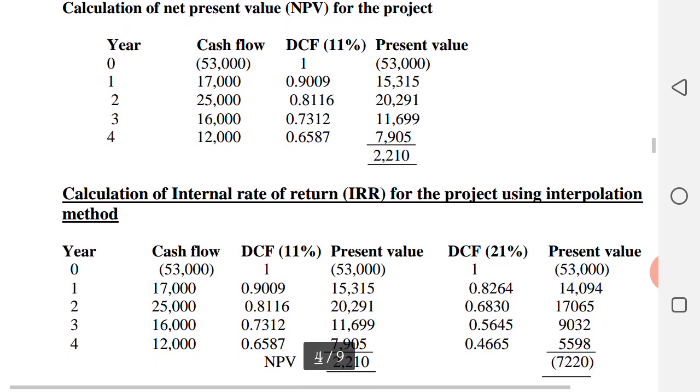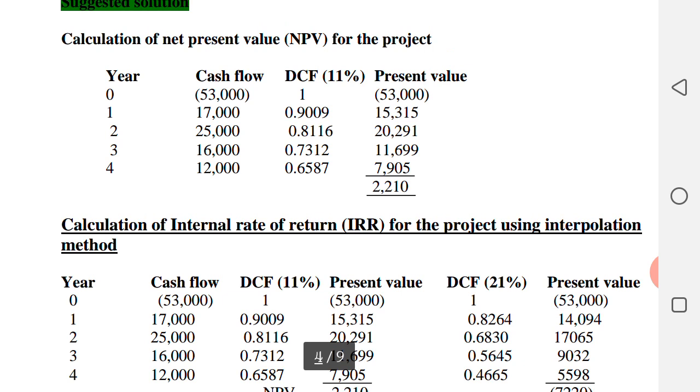In year 1, when you look at the 11%, it is 1 over (1 plus 11%) to the power n. When you do that, you have 0.9009. In most cases, in our exam questions, if you look at ICAN past questions, you will see the DCF, the discounted cash flows of each year, from 1 to maybe 20 or 50.